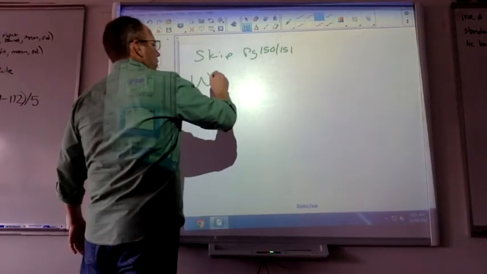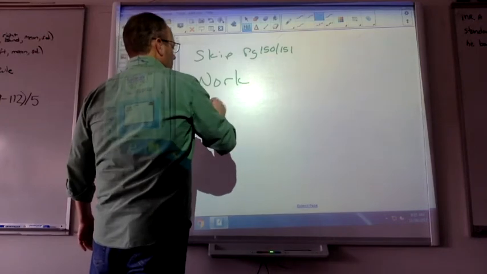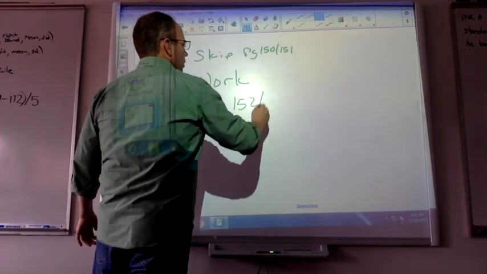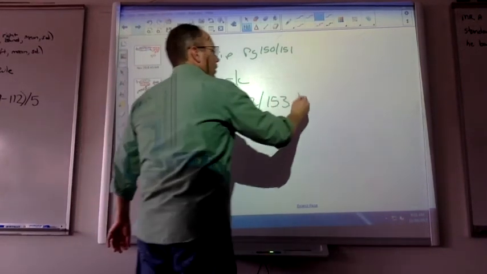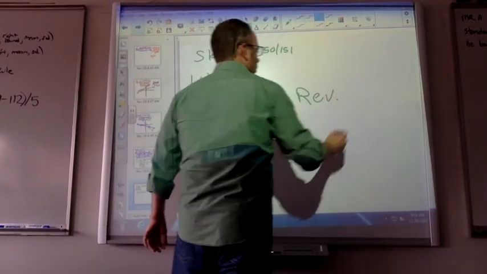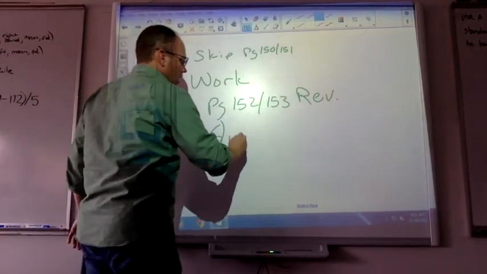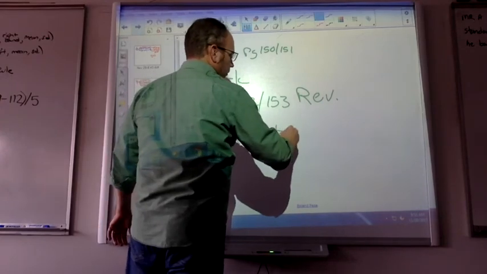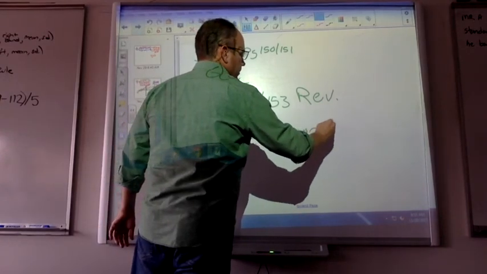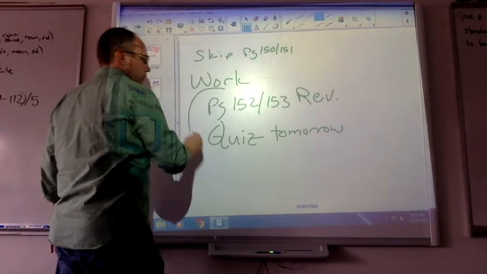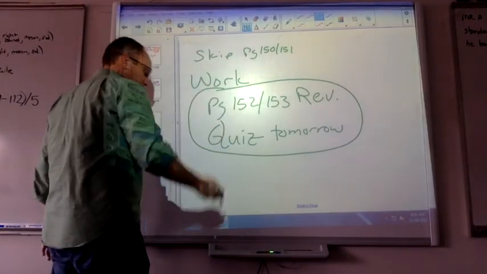So for the rest of the period, please work on page 152, 153, which is a review. We do have a quiz tomorrow on this, okay? So that's what I'd like you to work on for the rest of the period, please.